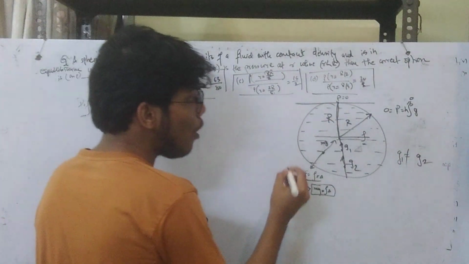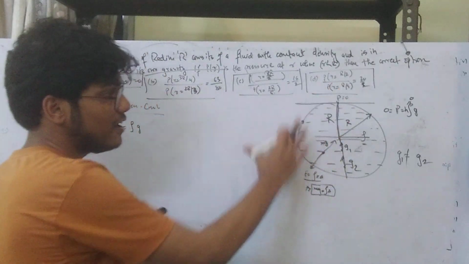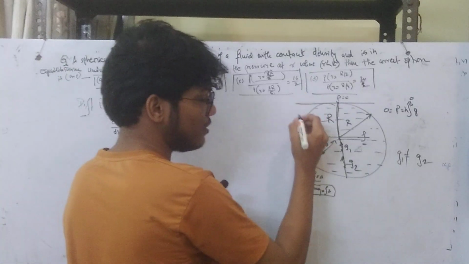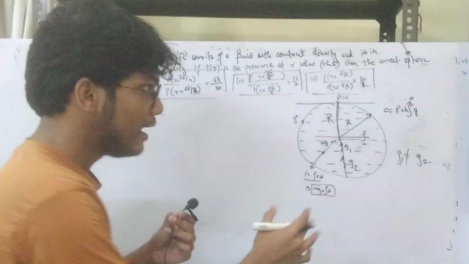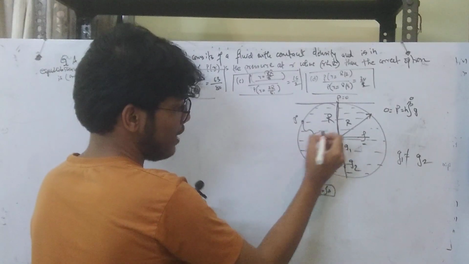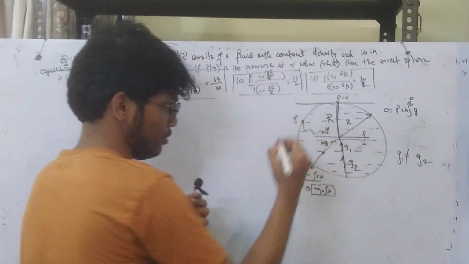Now we already learned that, let's take at the periphery of the circle there is a point having the gravitational constant as g naught. And at r distance from this point, there is another point which is having the gravitational constant as g dash.